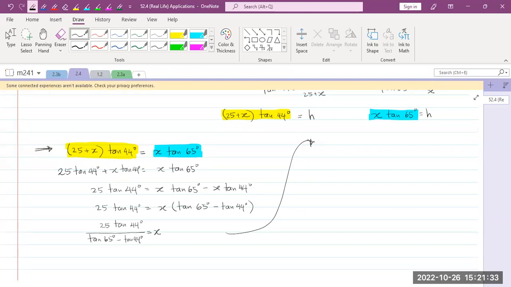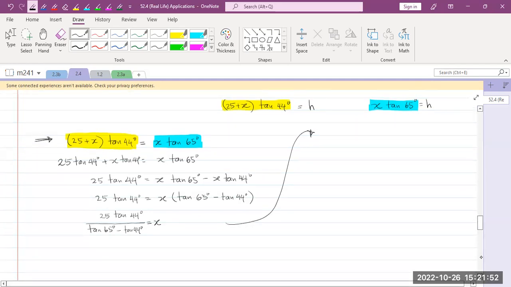That's 25 tangent 44 degrees divided by parentheses tangent 65 degrees minus tangent 44 degrees. Now make sure you do this on your own to get this number. If you don't get this number, then something is wrong with the way you typed your calculator.